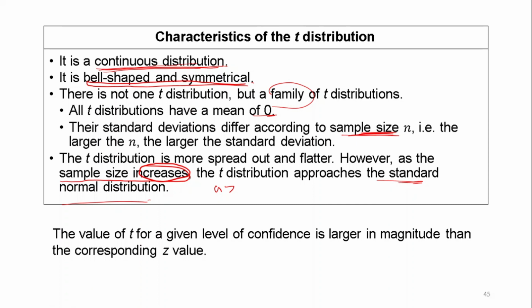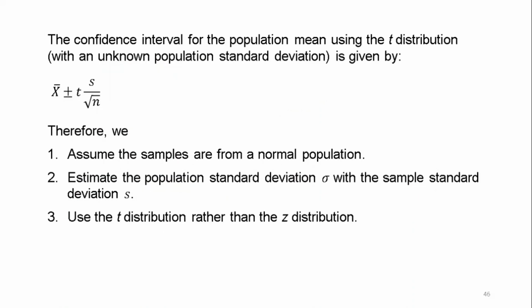The value of T for a given level of confidence is larger in magnitude than the corresponding Z value. Then, the confidence interval for the population mean using the T distribution with an unknown population standard deviation is given by this formula.